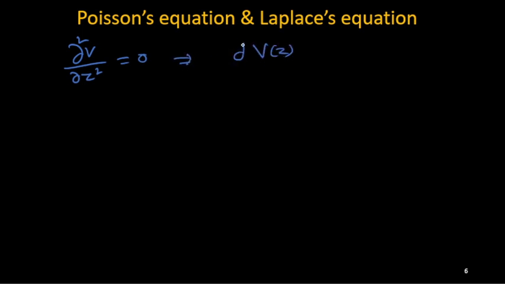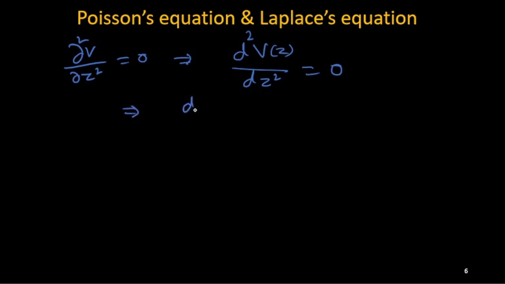So I will put the normal double derivative, d square V dz square equals to 0. We are taking the derivative with respect to z, right? Now what is the solution of this one?